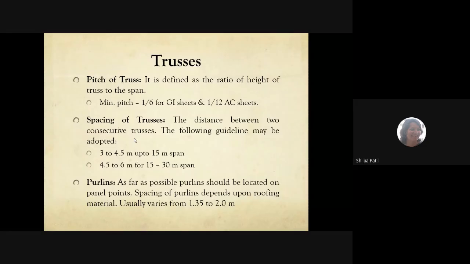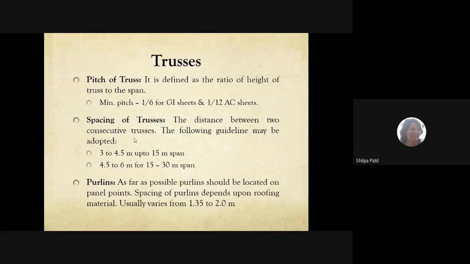Roofing sheets are connected to the purlin, and then purlins are connected to the trusses. So whatever load acts on the industrial shed acts on the roofing sheet first. From the roofing sheet, it is transferred to the purlins. From purlins, it gets transferred to the truss, and from truss, it gets transferred to the column. This is the load transfer system in case of an industrial shed.